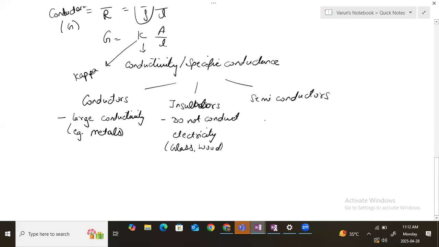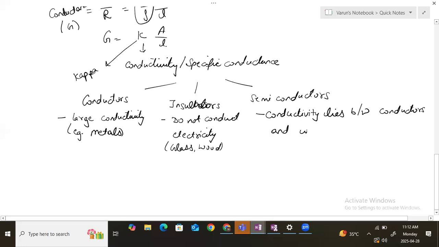And semiconductors have conductivity between conductors and insulators, meaning kappa lies between the kappa of conductors and insulators. Give me any one example for semiconductors. Silicon, germanium.